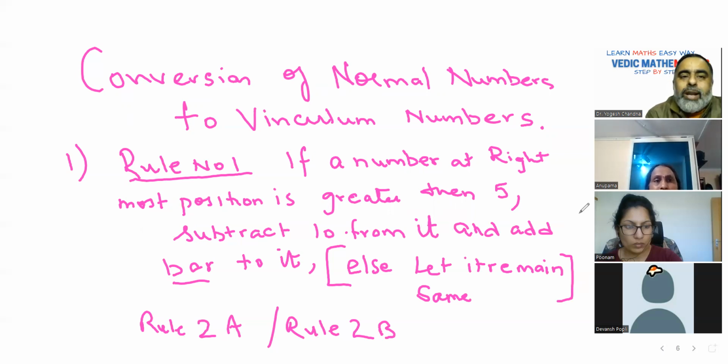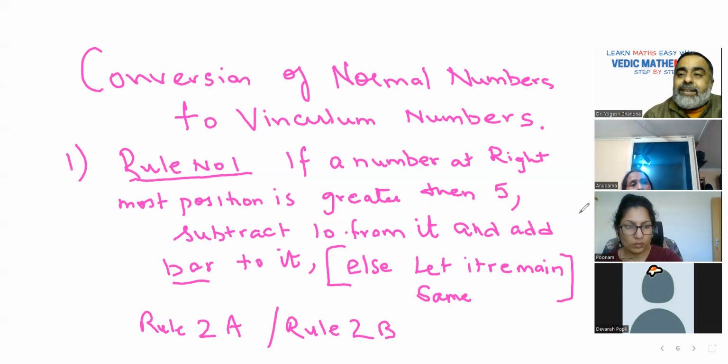Rule number 1. It says if the number at the rightmost position, rightmost means unit position, is greater than 5, subtract 10 from it. So if a number is greater than 5, it can be 6, 7, 8, or 9, not other than this.